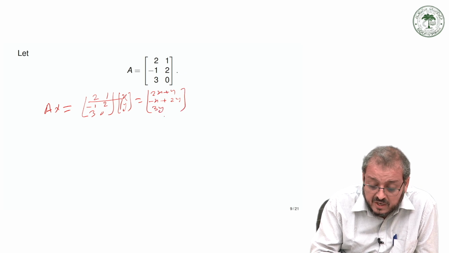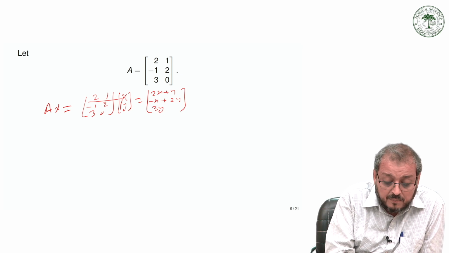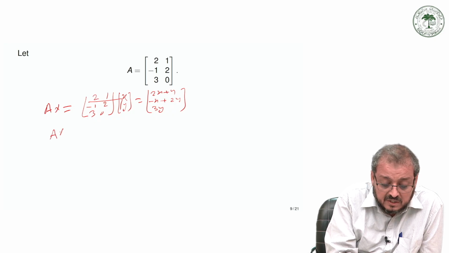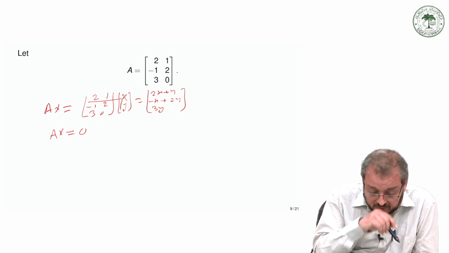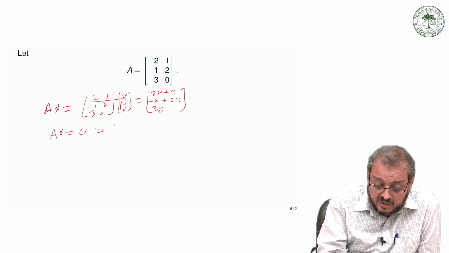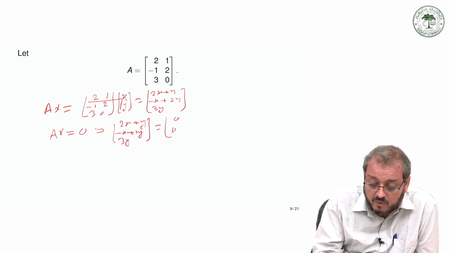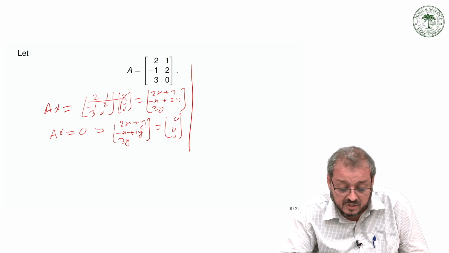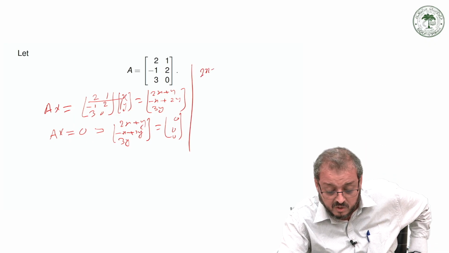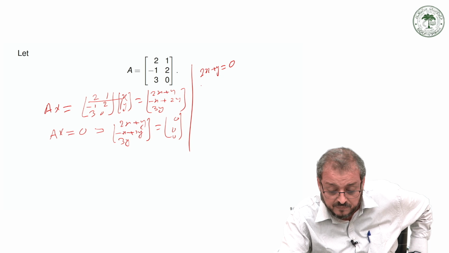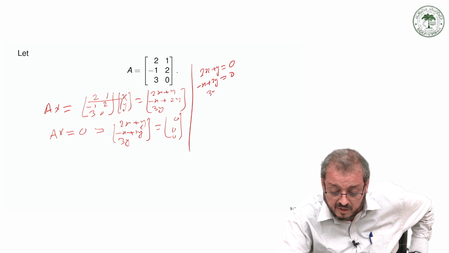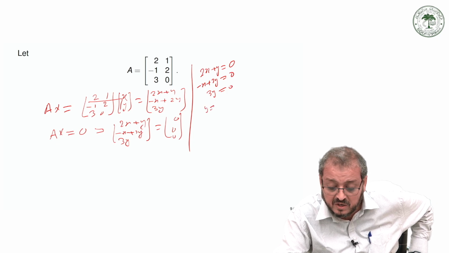Now by the definition, if we find the kernel, it is nothing but Ax equal to 0. So this implies that (2x + y, -x + 2y, 3y) equals (0, 0, 0), and this can be written as 2x + y = 0, then -x + 2y = 0, then 3y = 0, which means clearly y is equal to 0.